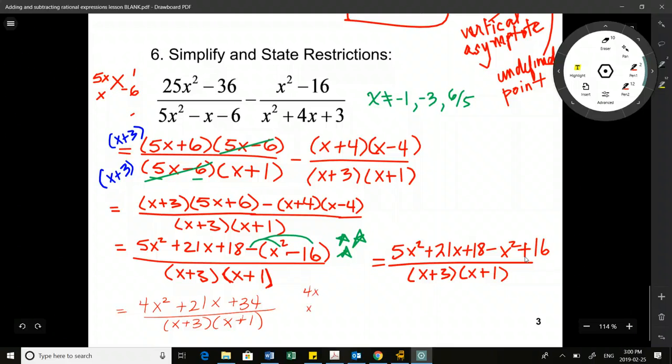So I'm thinking if I do this, 17 and 2 multiply to 34. Does that add to 21? No, it doesn't. No. Any other things that multiply to 34? You got 9 and 6. 9 and 6, that's 30, that's 54. I don't think this is factorable.